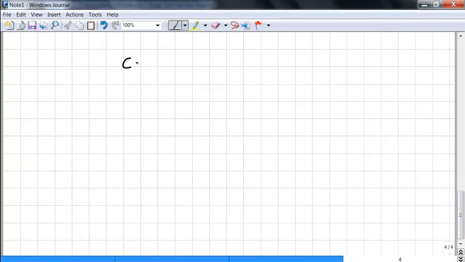So if we have cosine of, let's see, what can I do here? How about 75 degrees? Okay, well, in degrees, the things that we know are things like 90 degrees, 60 degrees, 45 degrees, and 30 degrees.